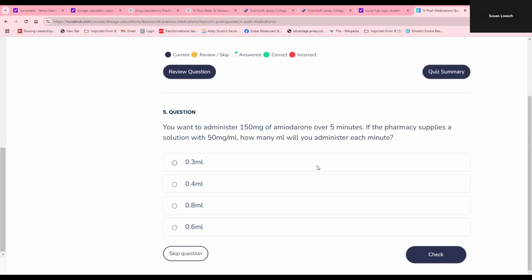And that tells you how many mLs you're giving every 30 seconds, which is what? 0.3. Right, 0.3 mLs. Now, what if I said give it over every 15 seconds? How many 15-second intervals are in 1 minute? 4. So take your 0.6 and divide it by 4.